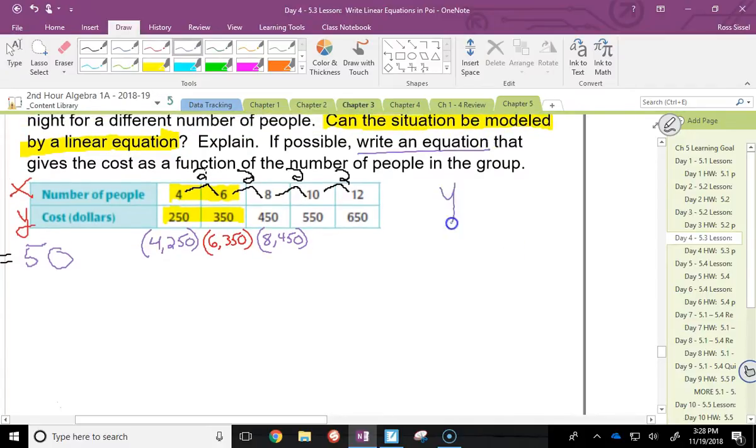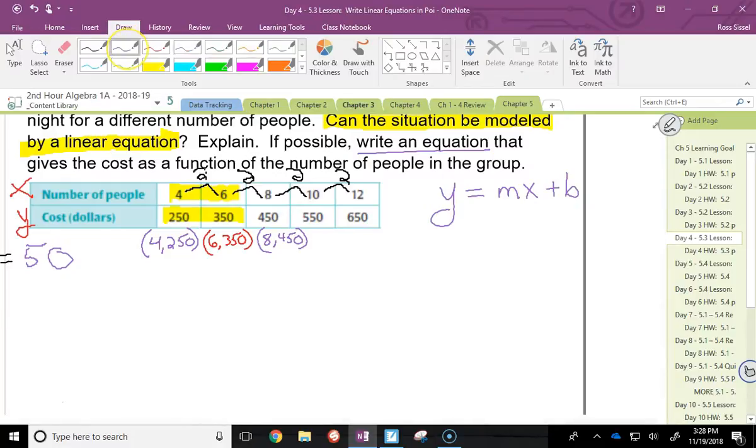So I'm going to go ahead and use my y equals mx plus b. And there's a couple ways I can find b. One is if I know my slope, I can go ahead and solve with one set of coordinate points.